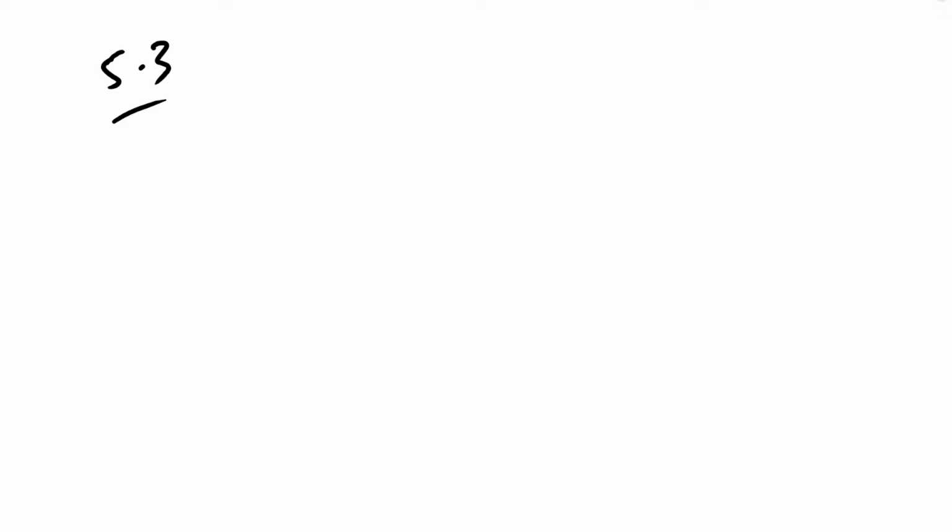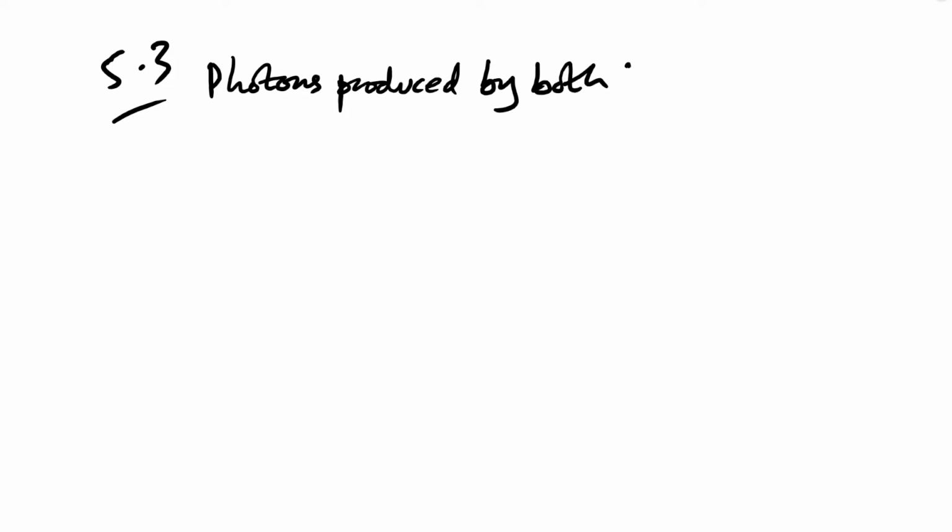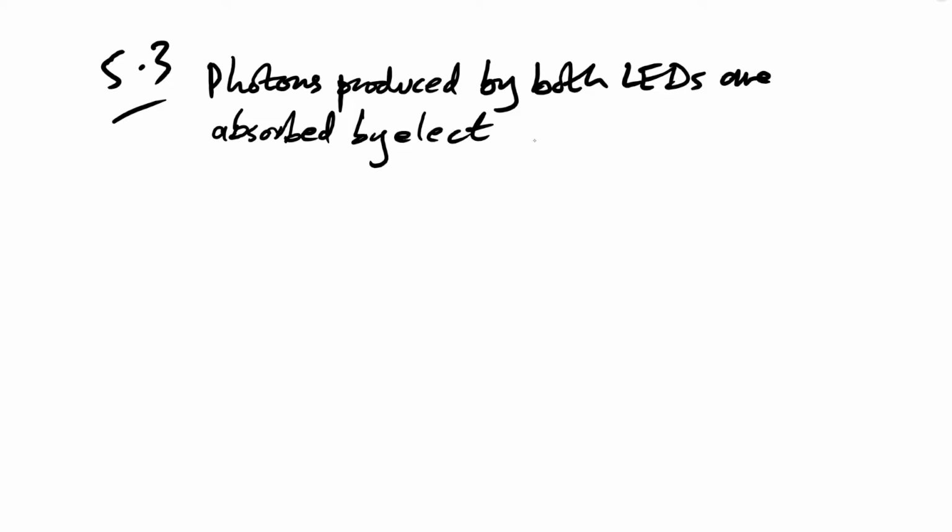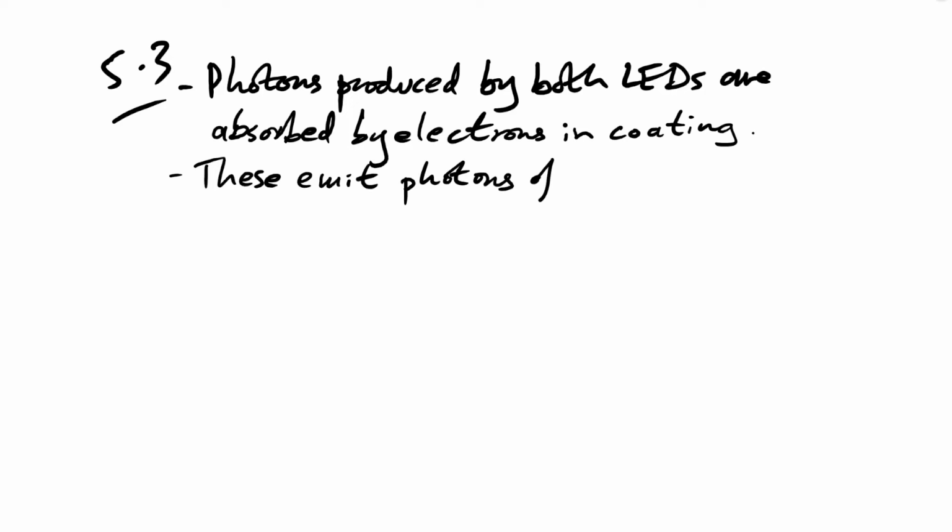So, of course, what happens is that photons produced by both LEDs are absorbed by electrons in the coating. These emit photons of varying wavelength due to different energy levels.